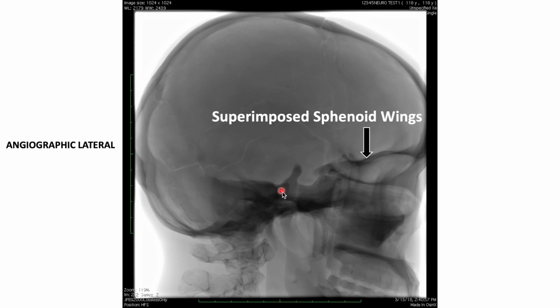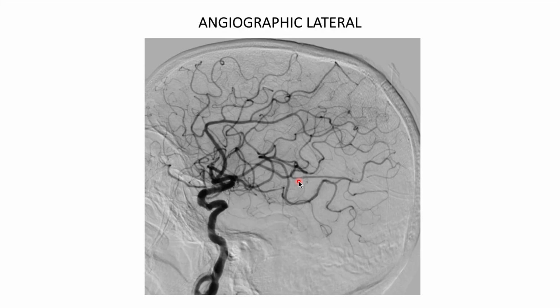And the other way is you can also ask him to superimpose the 2 ear shadows on top of each other. So that's another way of doing it. And on the lateral view, this is how the anterior circulation will appear. This is the internal carotid artery, and then the middle cerebral, and then the anterior cerebral vessels are seen here.